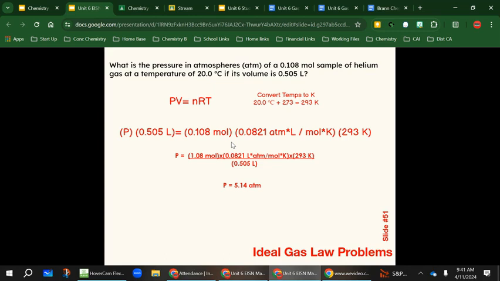Now be careful. What would happen if you had 2 numbers on the bottom? Put them in parentheses and multiply. Put them in one set of parentheses, otherwise you're going to get the wrong answer.